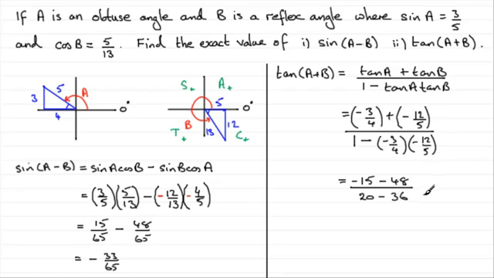So I hope you could follow that, but if not, you could just use your calculator and work it out. When you work this out anyway, you end up with 63 over 16. 63/16 then, the exact value for the tan of A plus B.